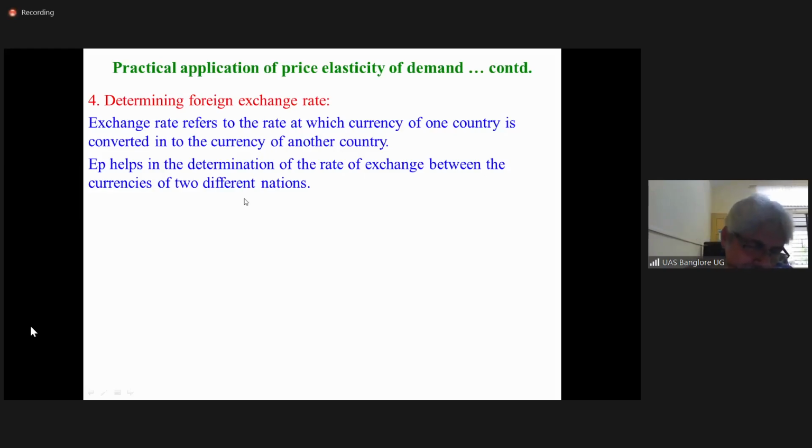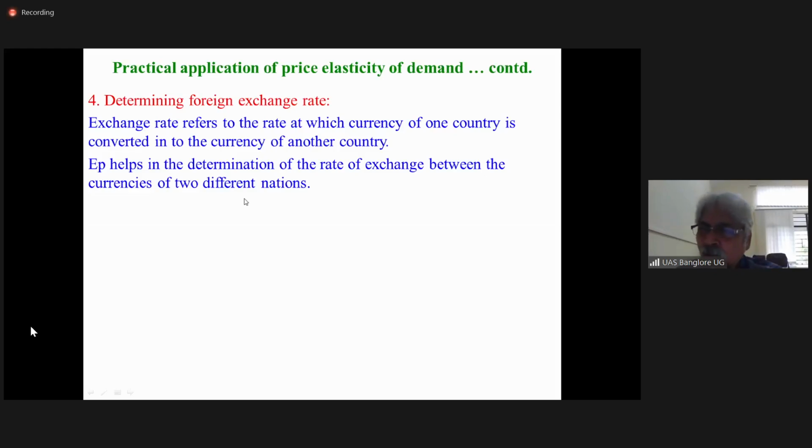Because in the international market, when we import commodities from other countries, most of the countries don't accept Indian rupees. So to make the payment, we need a readily accepted currency. Today it is the American dollar.